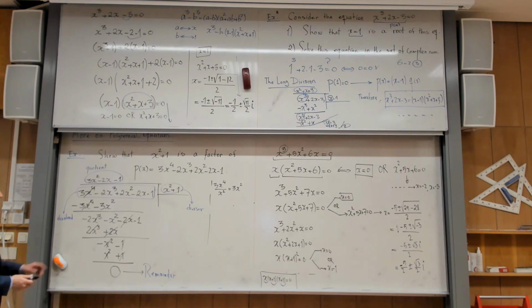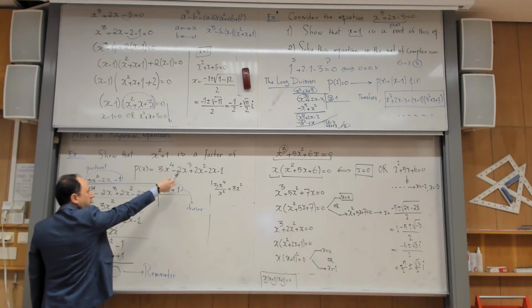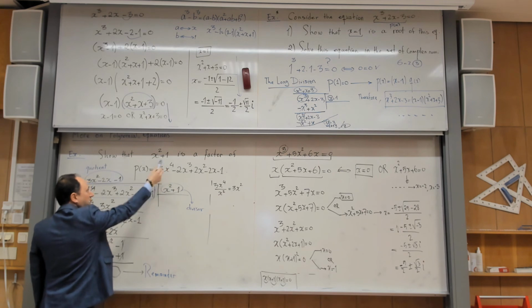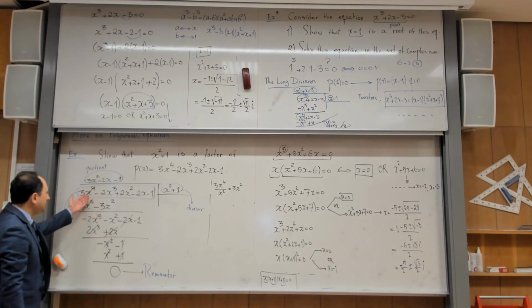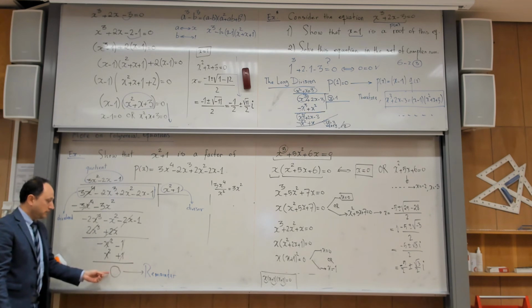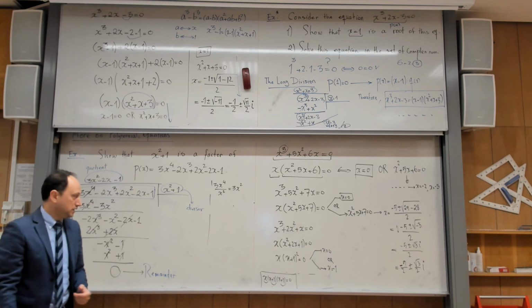Okay, so the first part is finished. We were supposed to show that this is a factor. It means that we show that this is divisible by x squared plus 1. We did the long division to find the remainder, and found the remainder is 0. So it means that this is divisible. It's a factor, yes?